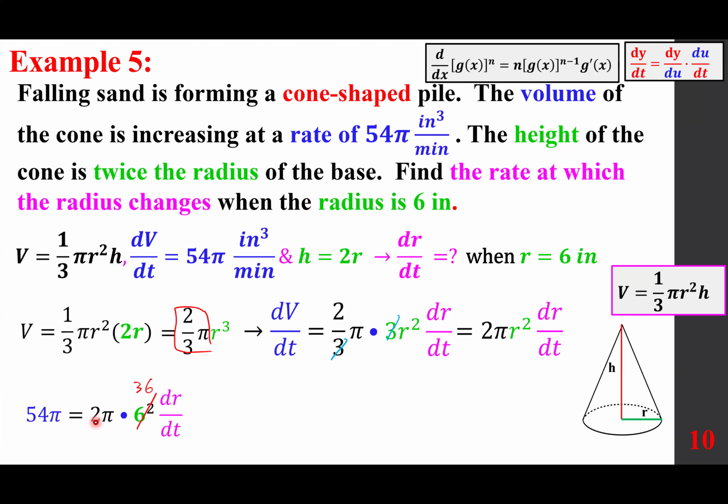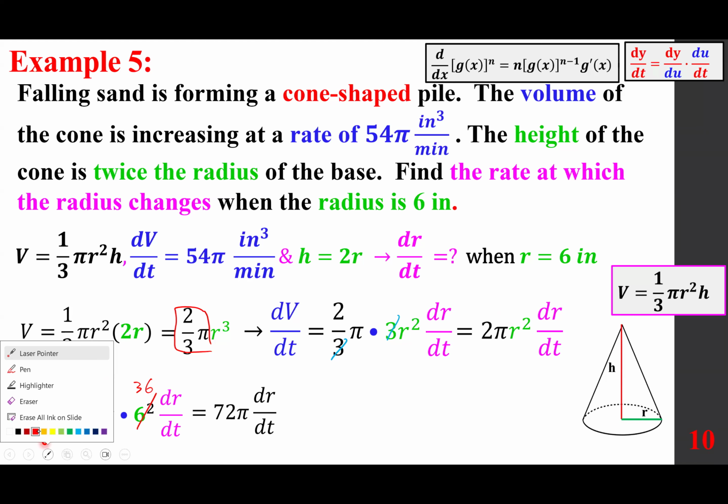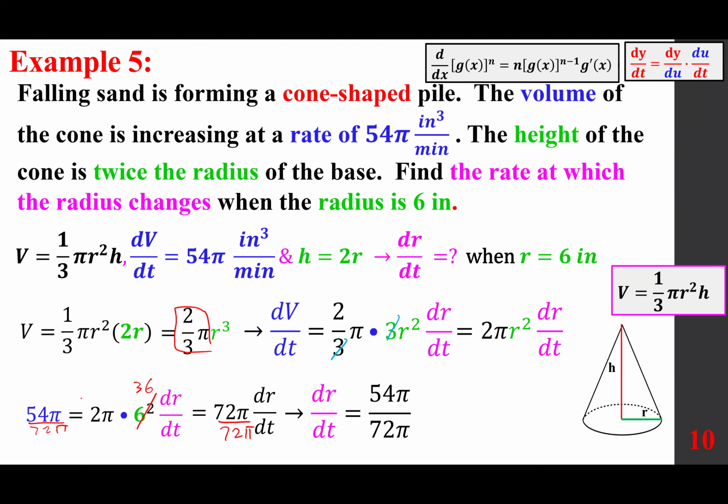So the right side is 72 pi dr/dt. Divide both sides by 72 pi. And these two numbers are divisible by 18, so dr/dt is 3/4 of an inch per minute.